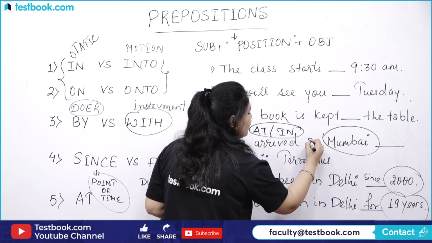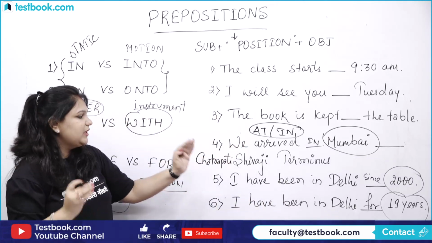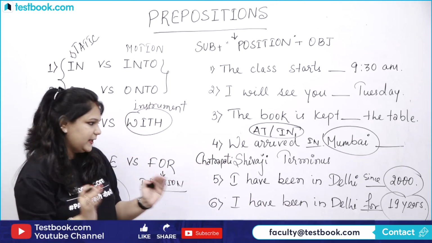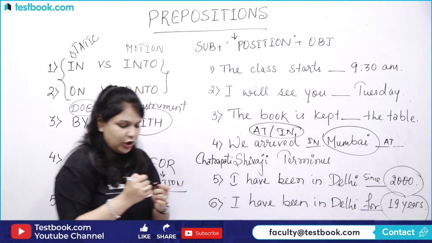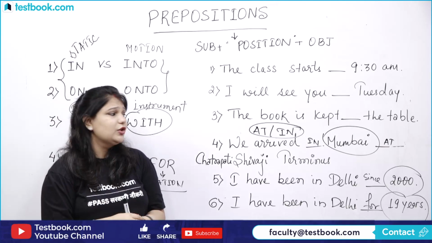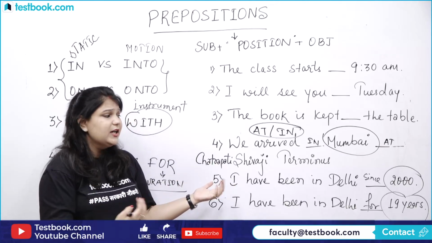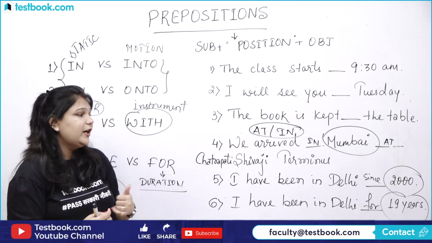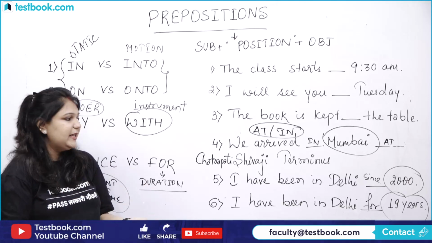So here it goes with in. And in comparison to Mumbai, Chhatrapati Shivaji terminus is just a place, right? So there it goes at. So if in a sentence you are provided with 2 blanks or 2 places, first of all find out which one is the smaller place as compared to the other one.